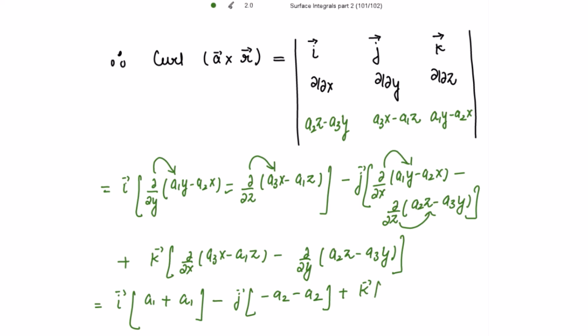Managing the negative sign inside the bracket, we get plus a2. Plus k vector. Differentiating this with respect to x, we get a3, minus differentiating this with respect to y, we get minus a3, but there is a negative sign, so this becomes plus a3. This can be written as twice of a1i vector plus a2j vector plus a3k vector, which is twice of your constant a vector.